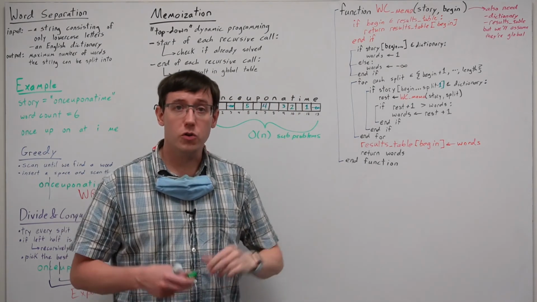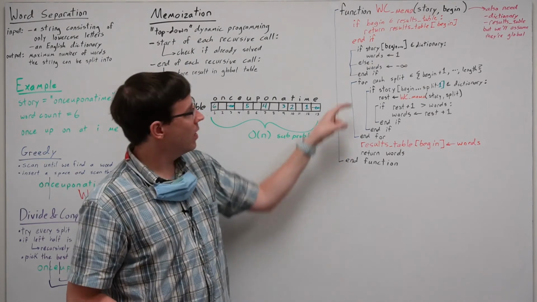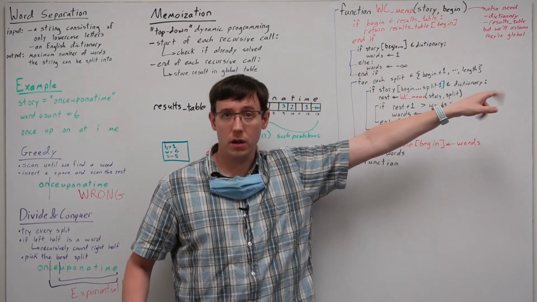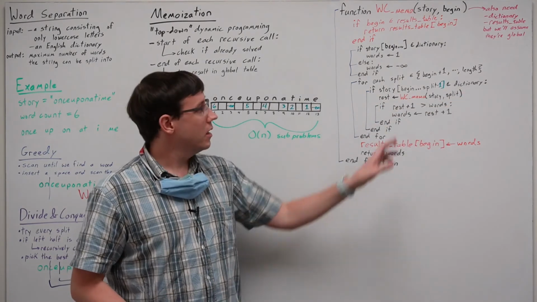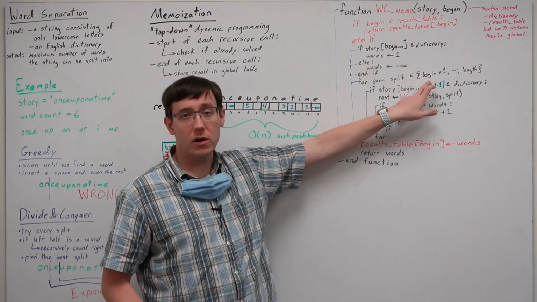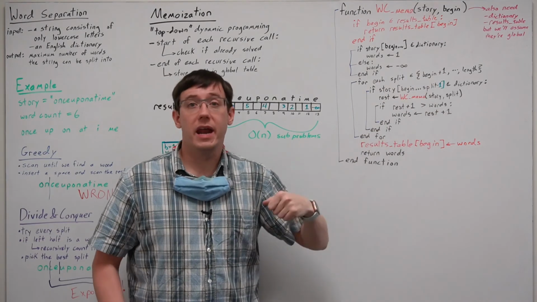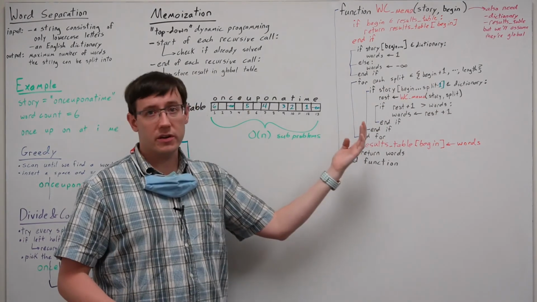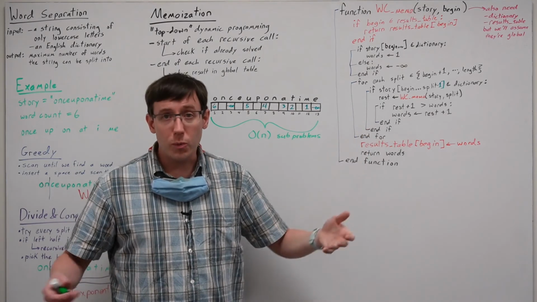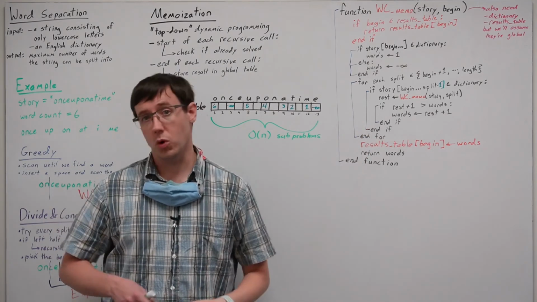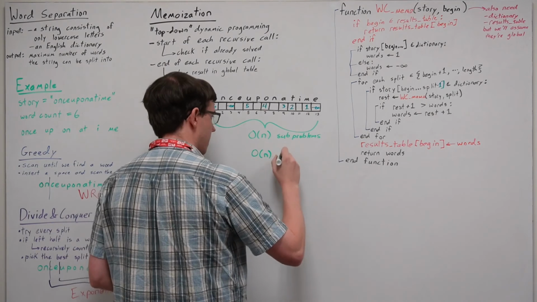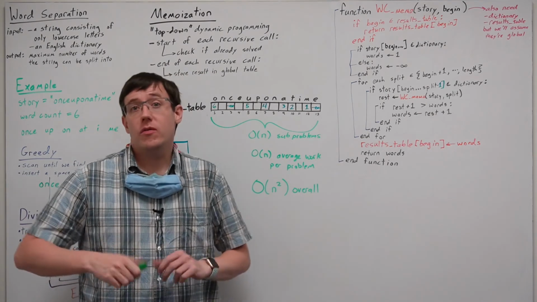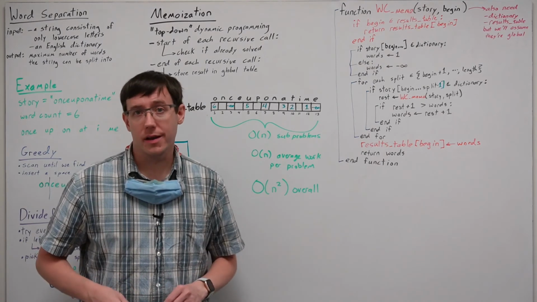In addition, to solve each subproblem, we have to loop from the beginning index to the end of the string, which means that for the subproblem at b, we are doing big O of n minus b work. And since b ranges across the entire string, these loops will take big O of n work on average, giving us a big O of n squared overall running time.